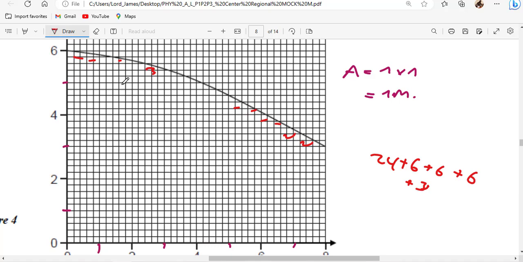The total number of squares will be the number of complete, that's 6 plus 6 is 12, plus 6 is 18, so this is about 40, plus half the number of incomplete, 6 plus 6 is 12 divided by 2, that's 6, so we have about 46. To minimize our errors, we'll use 40. So we can use 40 times 1, which will give us 40 meters.